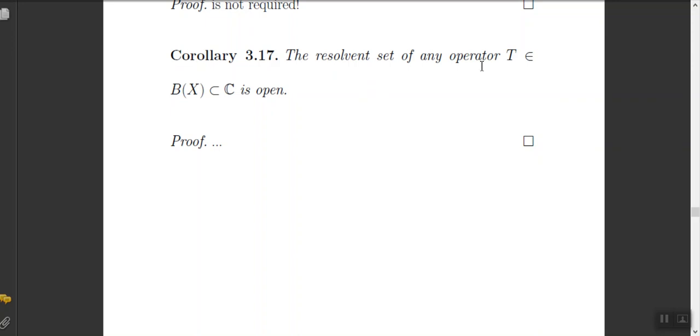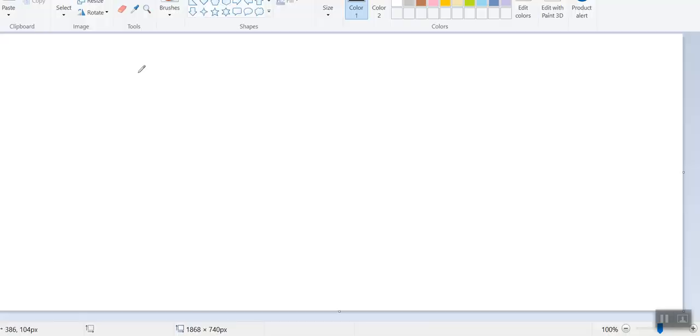The resolvent set of T, you remember the rho of T, is an open set. Why is it like that? It means the resolvent set of T as a subset of the complex numbers is open. Why is it open? Do you remember the resolvent set is the complement of the spectrum, right?